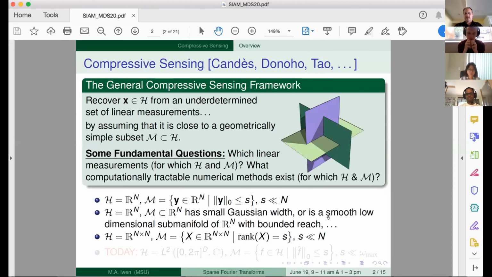The setup here, in relationship to sparse Fourier transforms, is where we have, let's say, L2 functions from 0 to 2 pi into the complex numbers as our Hilbert space, and our geometrically simple subset in the sparse Fourier transform context are functions whose Fourier series coefficients are S-sparse. To separate from classical Fourier techniques, you would assume in general that this sparsity S is much smaller than the largest frequency with a non-zero Fourier coefficient.